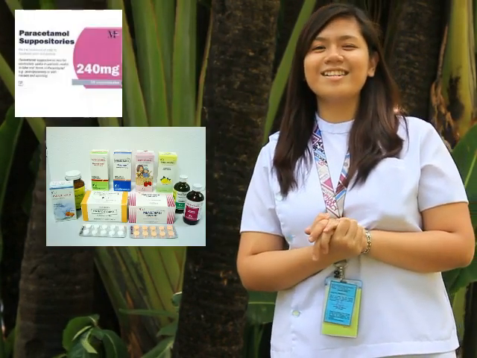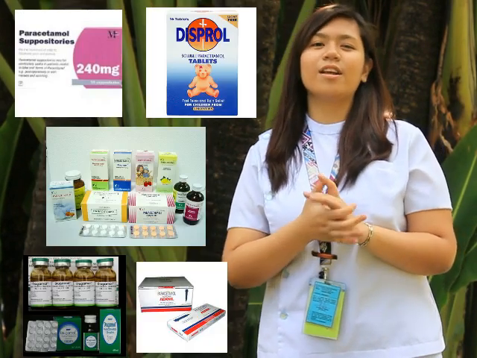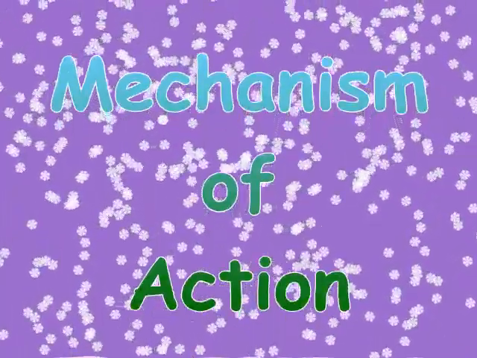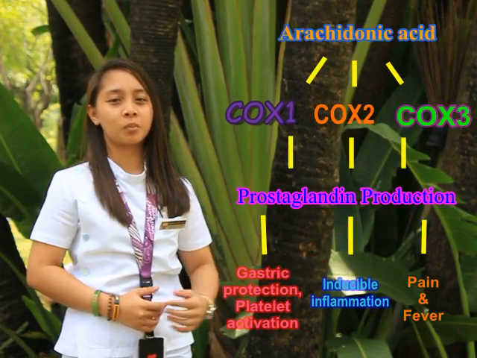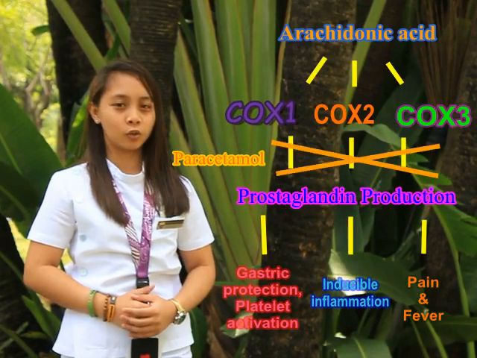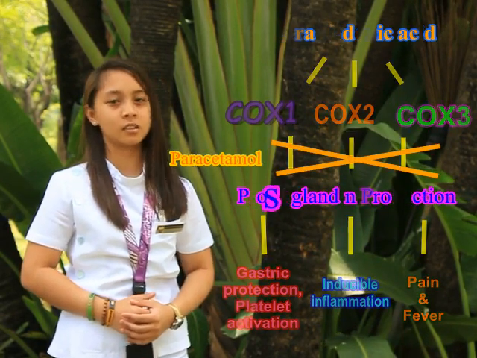Other concentrations are also available, although not that widely used. Paracetamol acts by interfering with prostaglandin synthesis through inhibition of prostaglandin synthetase in the arachidonic acid cascade in the CNS.